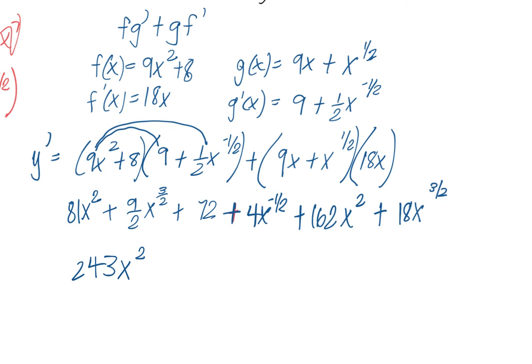It doesn't matter the order in which we write this as long as they're the right numbers. I'm going to do my 3/2. So we got 18 and 9/2 that I'm going to add together. That'll be 45/2 x to the 3/2.